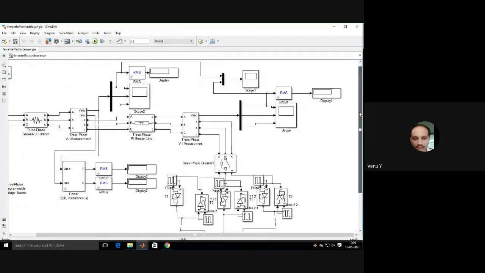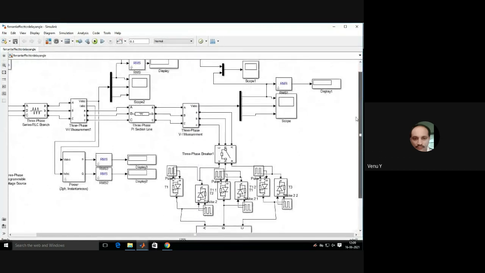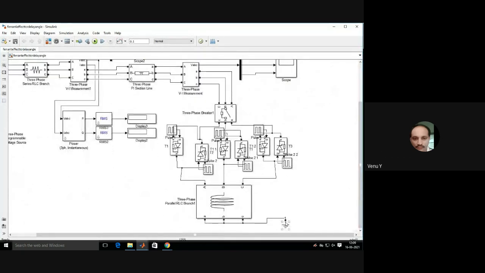Now this is the distributed line. This is the nominal pi model.